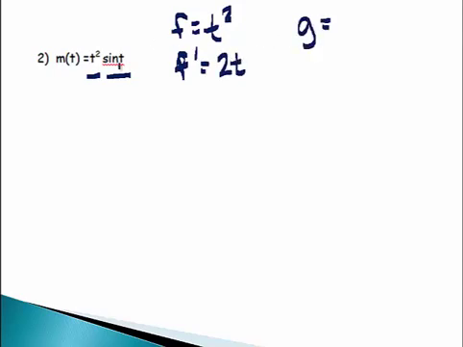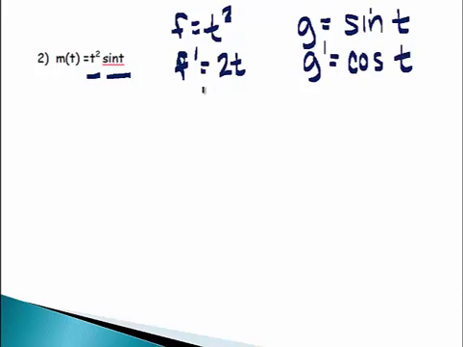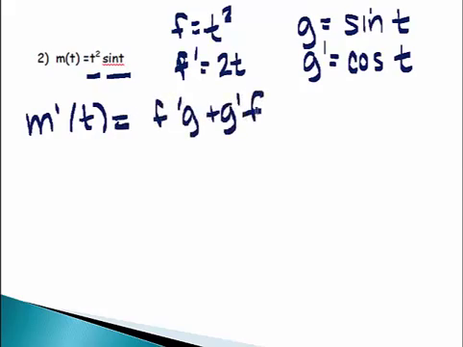Your g is your second thing here being multiplied together, so that would be sine t. Then g prime, okay, what is the derivative of sine? Think about that. We just learned it. Great. I'm sure you guys were all thinking cosine. So the derivative of the whole entire function is going to be f prime g plus g prime f.